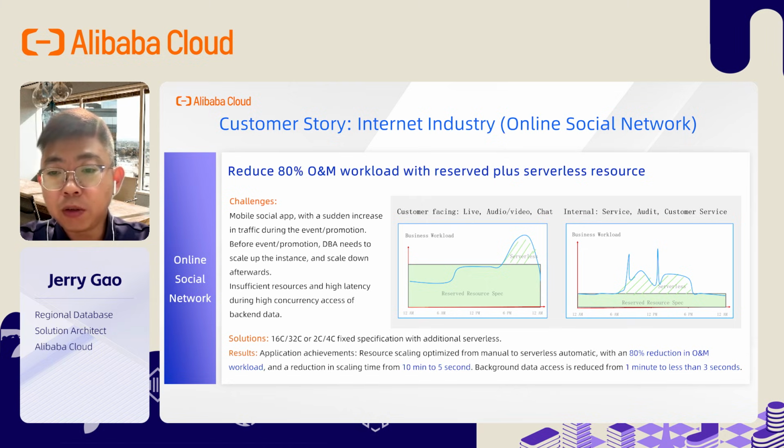And for the additional resources, scale up and scale down are handled by serverless. As a result, compared with manual operation, the customer achieved an 80% reduction in operation and management workload, as well as a reduction in scaling time from 10 minutes to just 5 seconds.